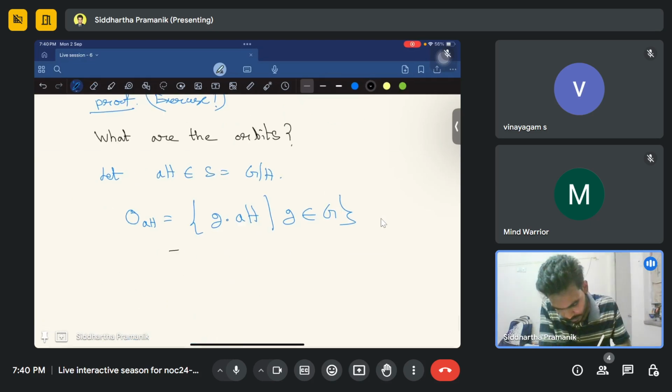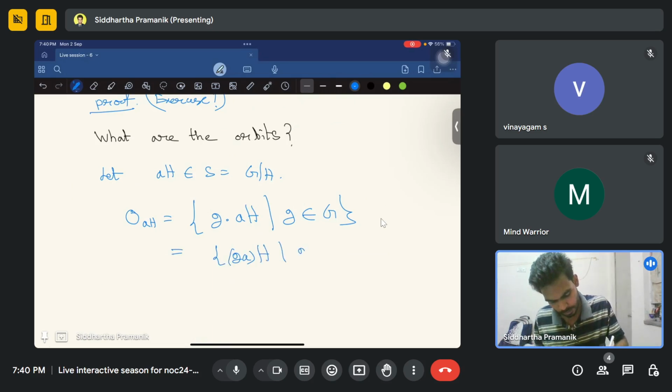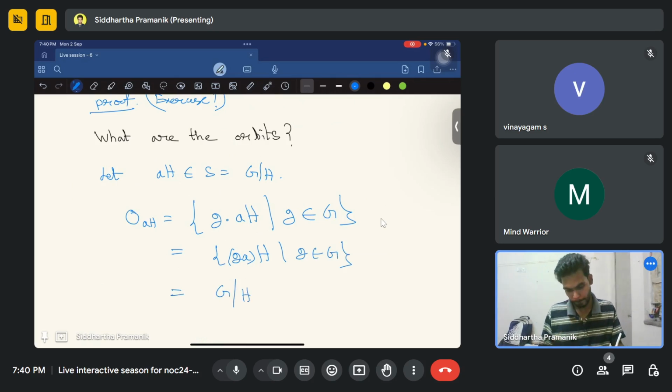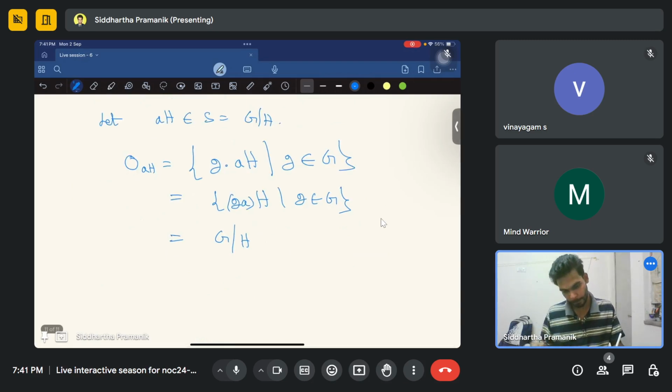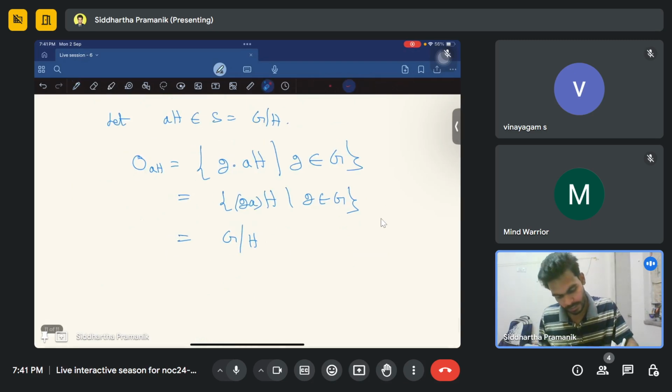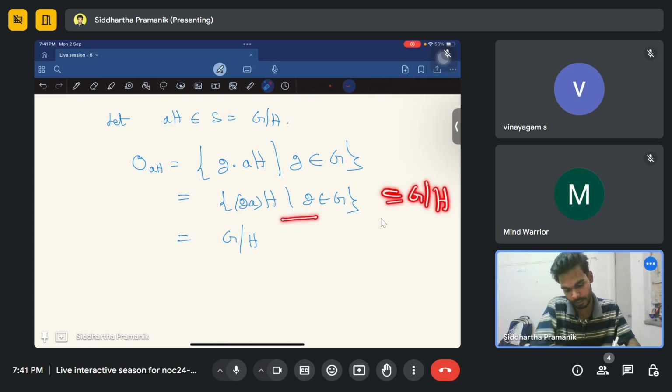This is just by definition g a H such that g belongs to G. So my claim is this is the whole set G mod H. So it is clearly a subset of G mod H, right?